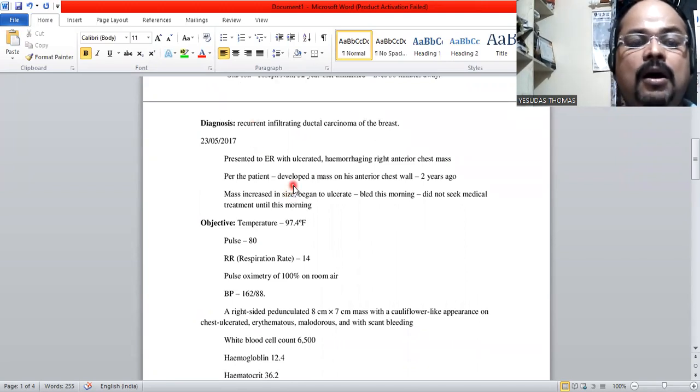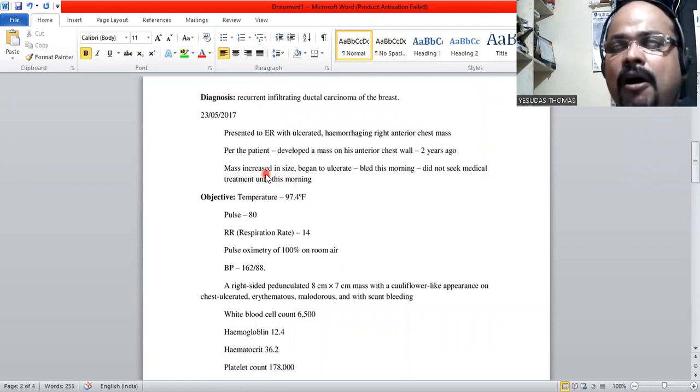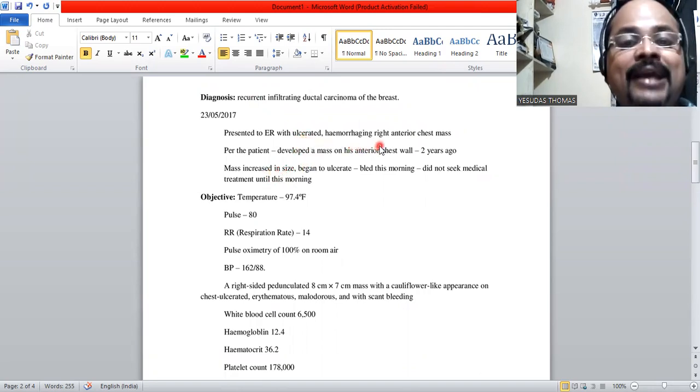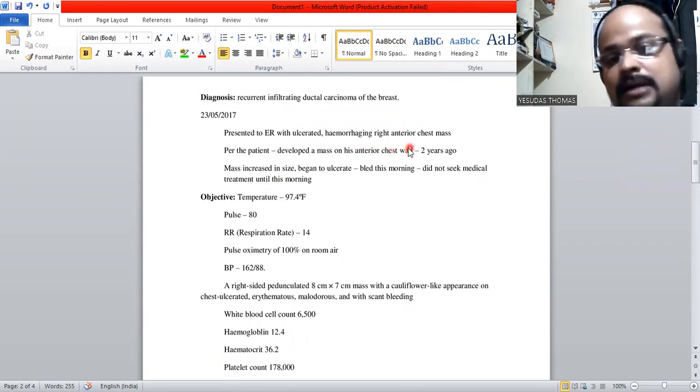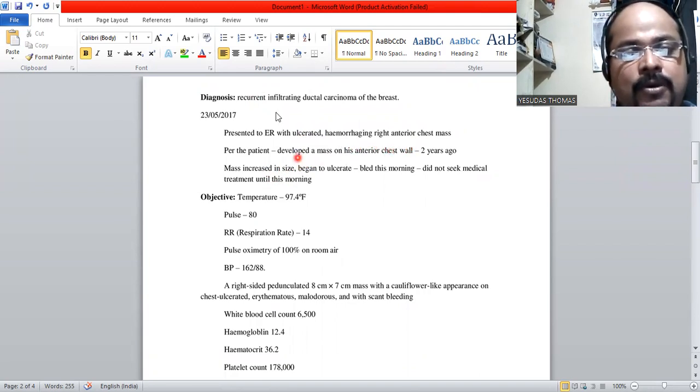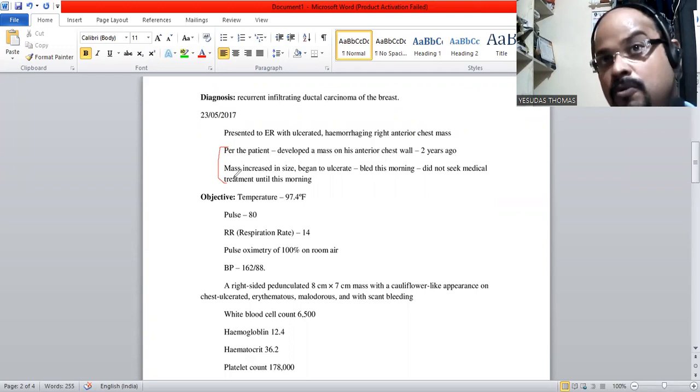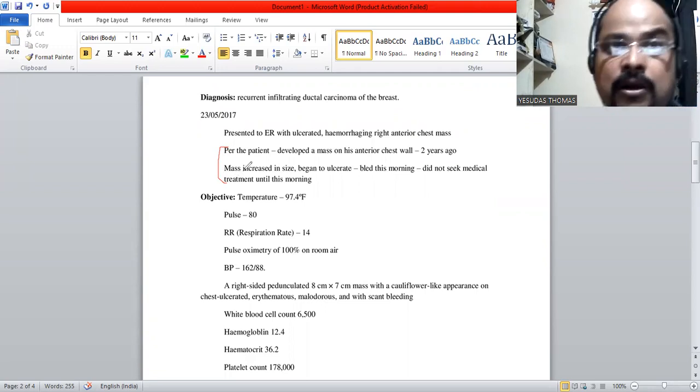Now, on 23rd of May 2017, he presented to our care with this problem: ulcerated hemorrhagic right anterior chest mass. And we don't need to go into detail about when he developed the mass, how long he had the mass, the nature of it, or whether he underwent treatment.